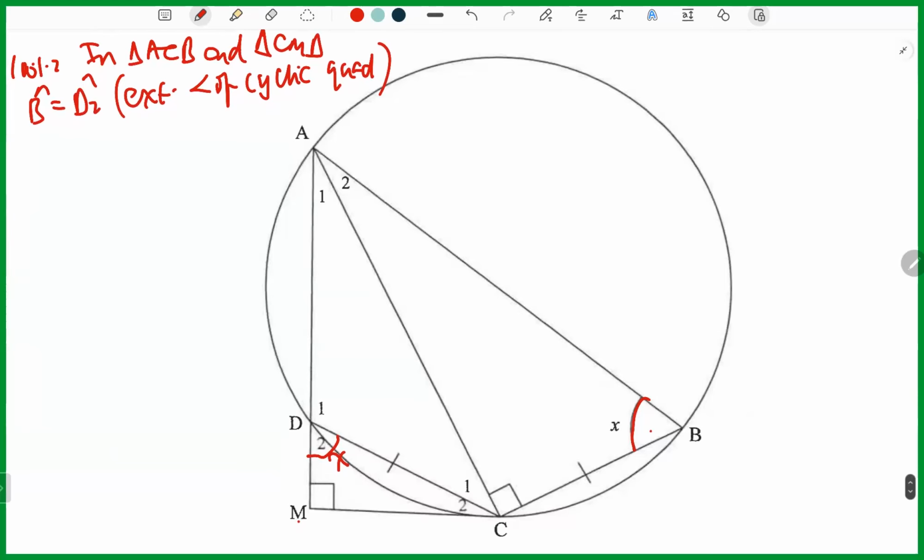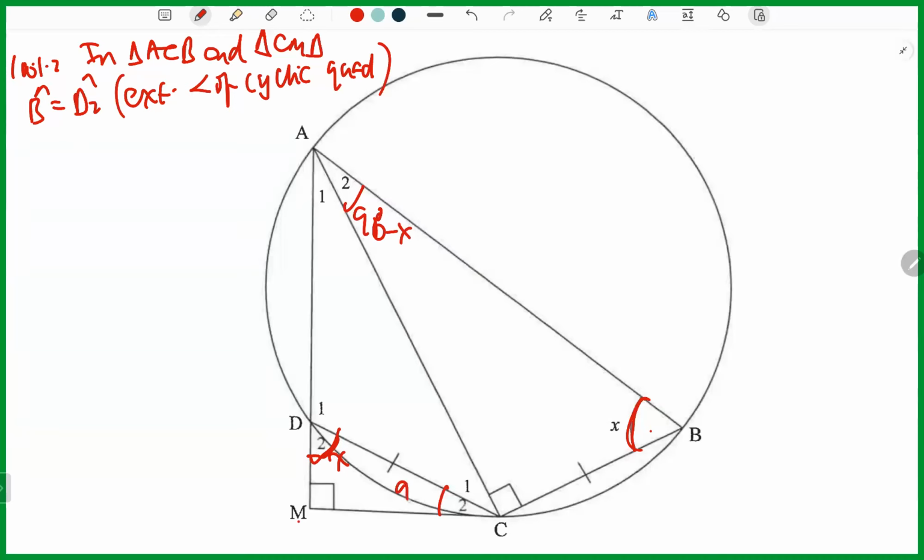Moreover, D2 equals B, but also we have that angle A2 is equal to angle C2, because this is 90 degrees minus x, we've proven that.